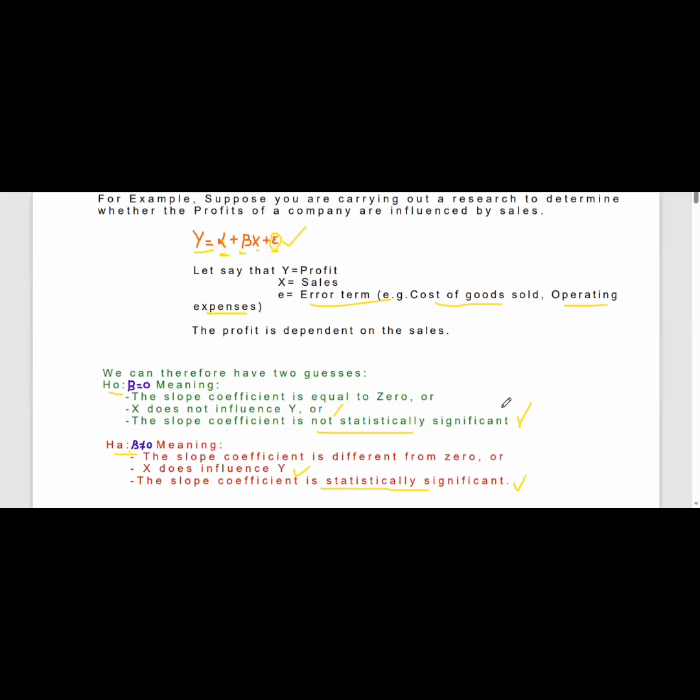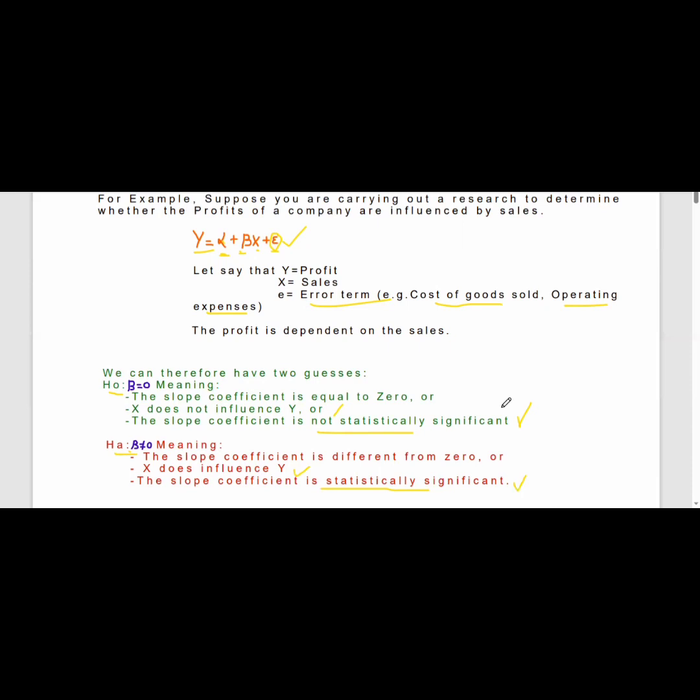There are 3 common approaches that are used to test the hypothesis: the confidence interval approach, the test of significance approach, and the probability value approach.